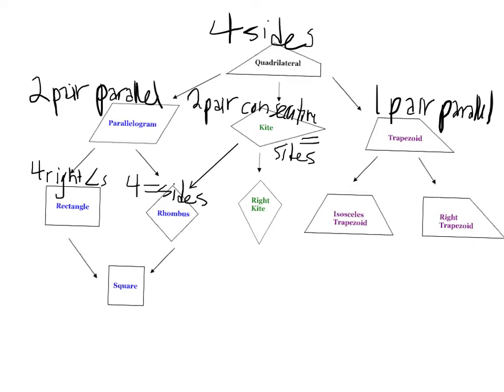And then a square has all of those things. So it has four right angles, four equal sides, two pair parallel, and it has four sides. So you see kind of how I went up the chart there, and so it inherits everything. Inherits everything above it, you could write.